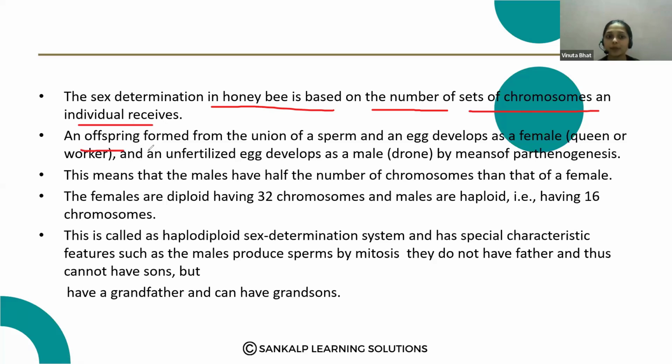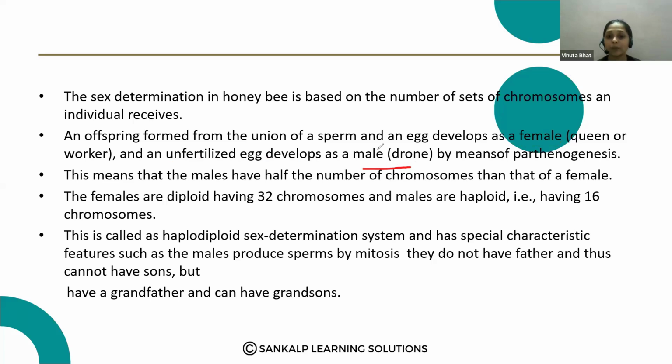An offspring formed from the union of a sperm and an egg always develops as a female, so the zygote develops into a female. The unfertilized egg develops into a male.